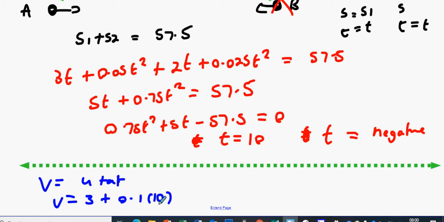This results in a speed of 4 meters per second, while the other one was going 2, plus 0.05 acceleration times 10, and this was also worth another 10 marks.